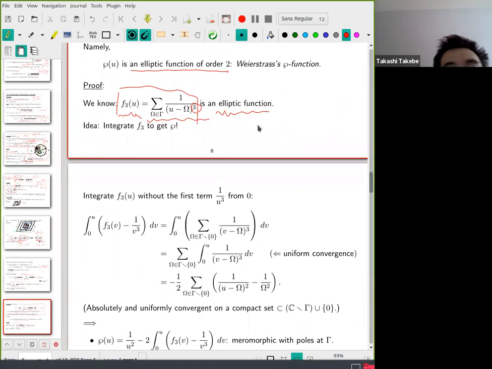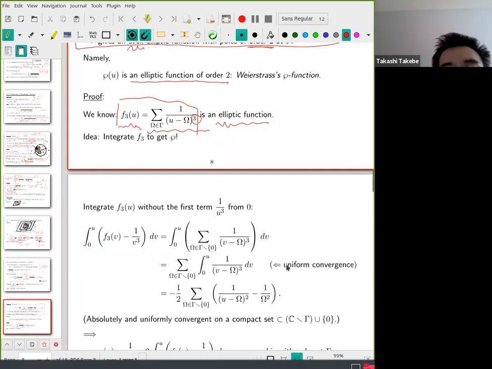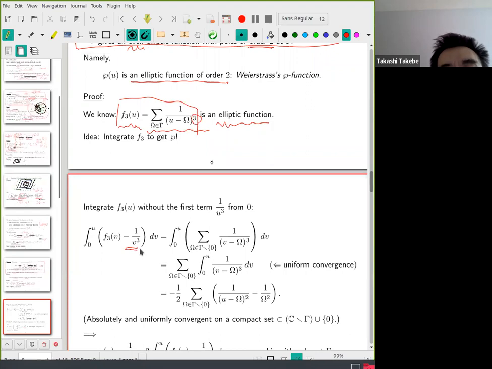So exclude this first term, and integrate this from 0 to u.